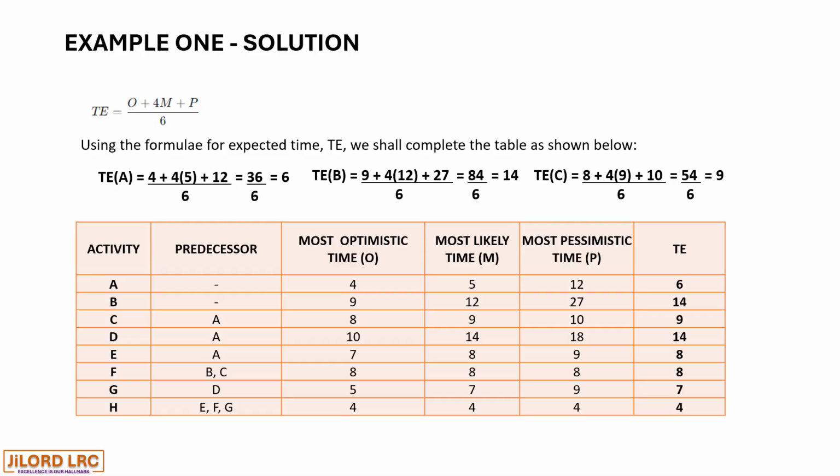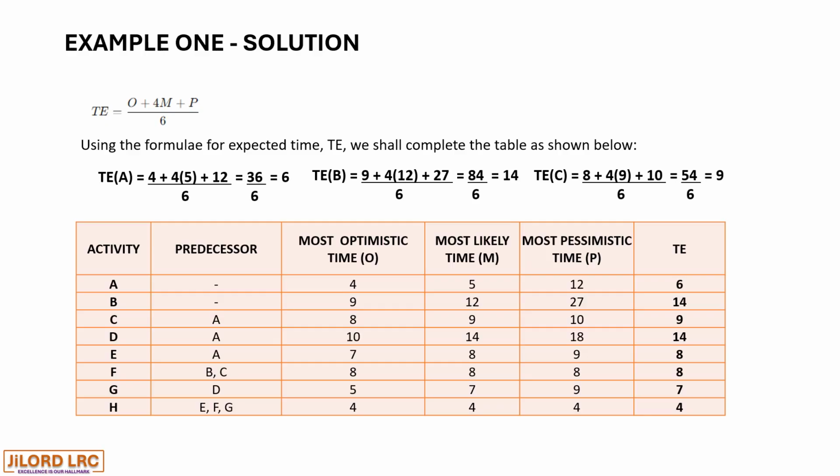Then we calculate the expected time for activity C, which is 8 for optimistic, most likely 9 times 4, and then pessimistic 10. The product and addition all divided by 6. So that's really 54 divided by 6, giving us 9.